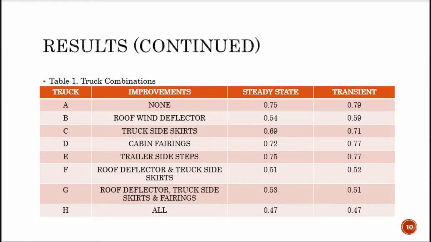Since the cabin fairings and trailer side skirts fail to record aerodynamic improvements greater than 5%, it is difficult to state whether these additions have reduced aerodynamic drag. The issue being that during the enclosure and mesh sensitivity studies, a 5% limit was specified, and therefore any value less than this will mean that the increase is insignificant.